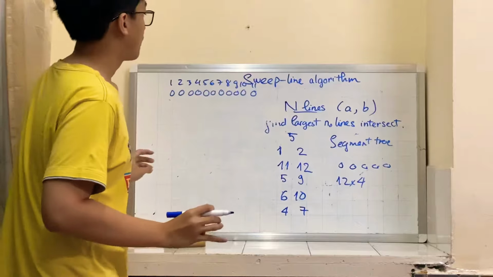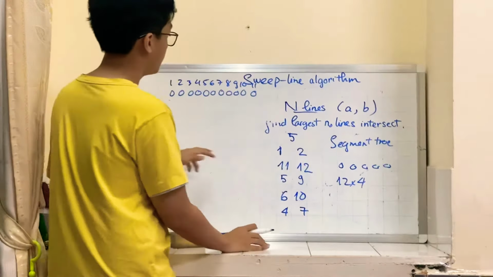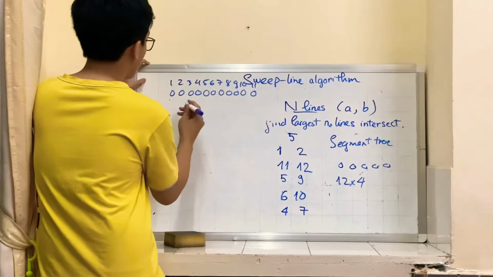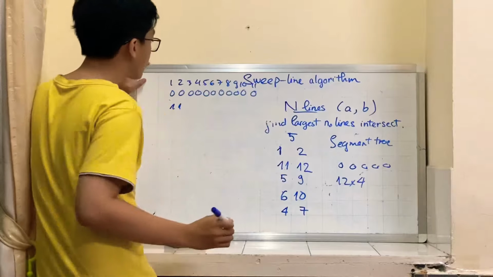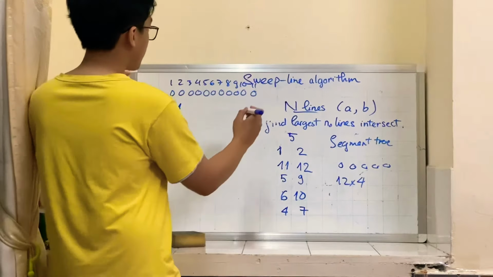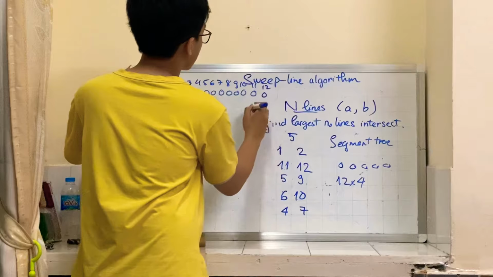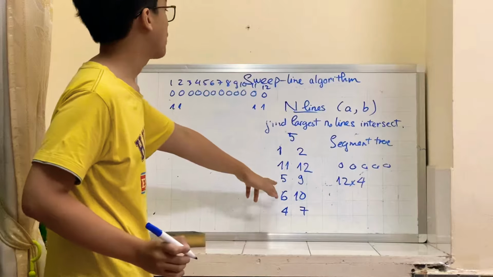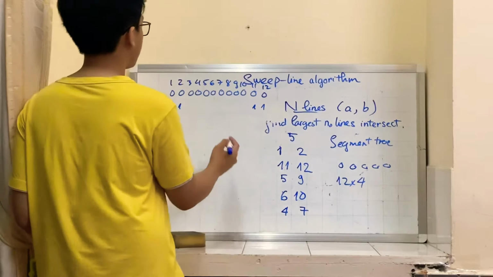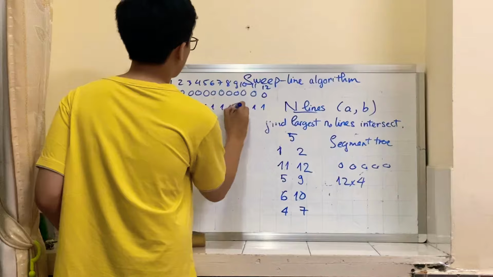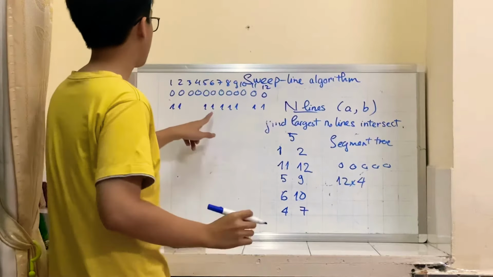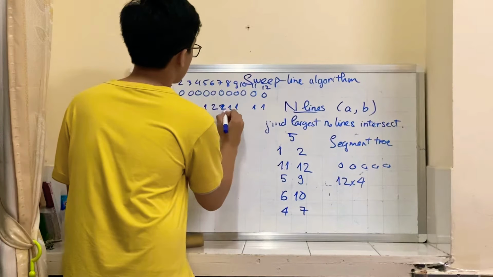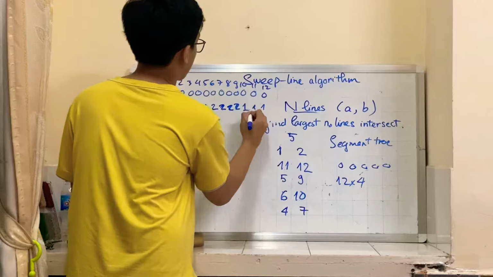For the first one, we increase the value from 1 to 2 by 1. The second one, we increase the value from 11 to 12 by 1. Next, we increase the value from 5 to 9 by 1. Then 6 to 10 is 2 right now.